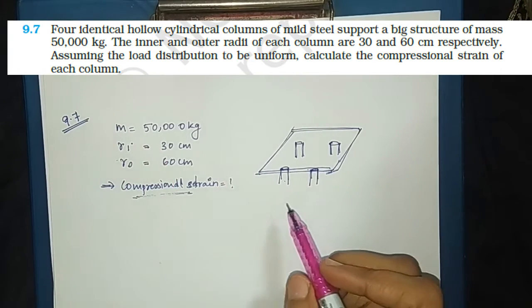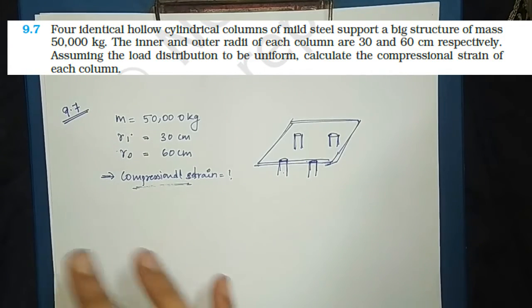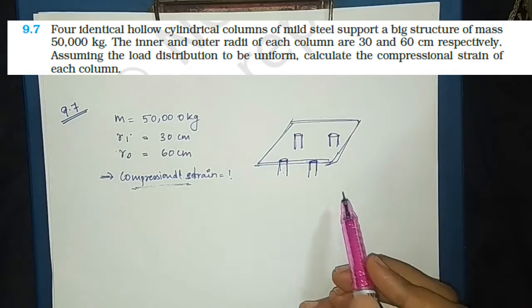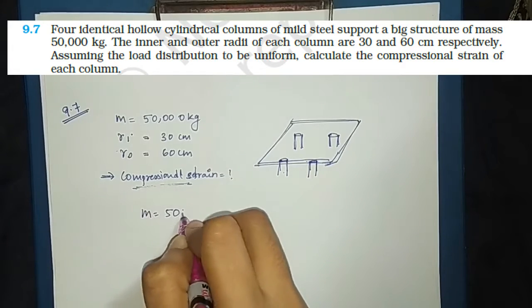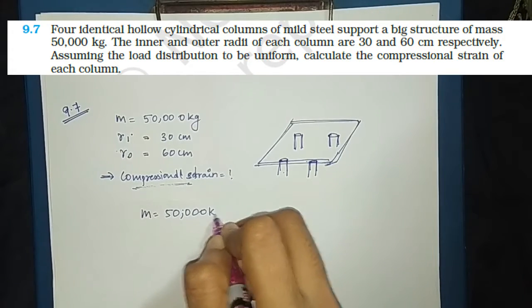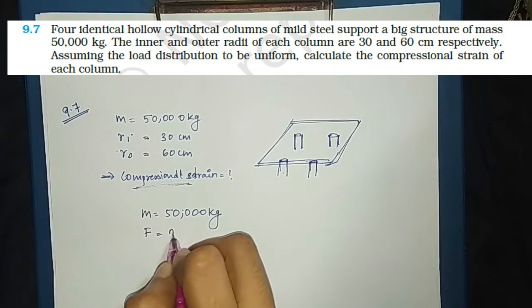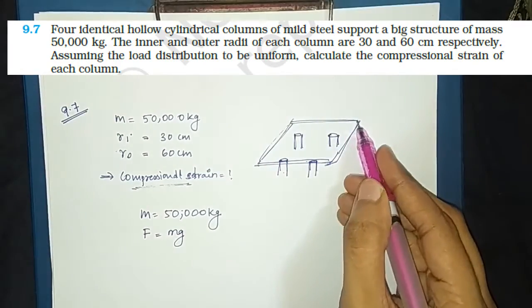So the compressional strain on each rod can be calculated by knowing the load or the force on each rod. As the mass of 50,000 kg is handled, the force will be mg, the force of gravity due to this large mass.